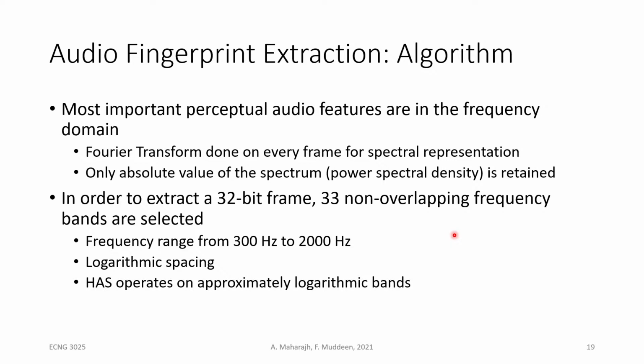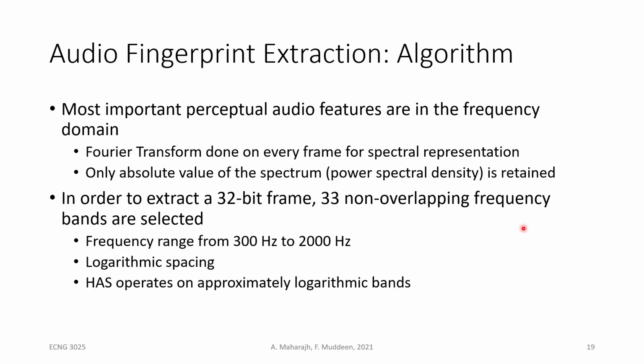Now, to extract the 32-bit frame itself, we need to make sure that we have non-overlapping frequency bands in order to get a good frequency representation of the signal itself. So the frequency range that is used for our system is going to be from 300 Hz to 2000 Hz. And this is based on logarithmic spacing, where we say, okay, 300 Hz, 400 Hz, 500 Hz, 600 Hz, and so forth going up.